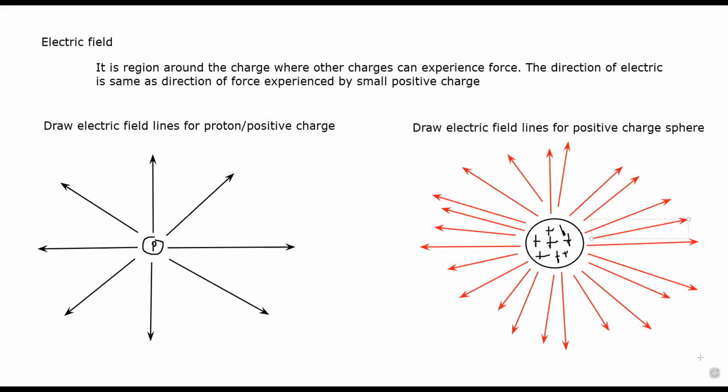If I want to draw the electric field lines for an electron or negative charge, the electron itself is a negative charge.